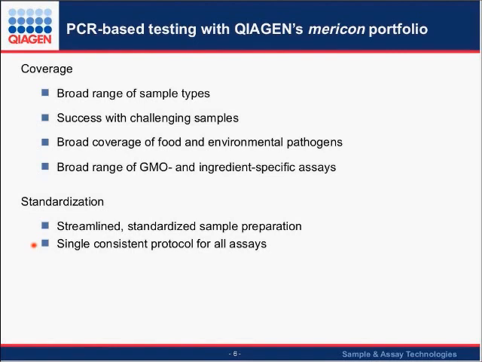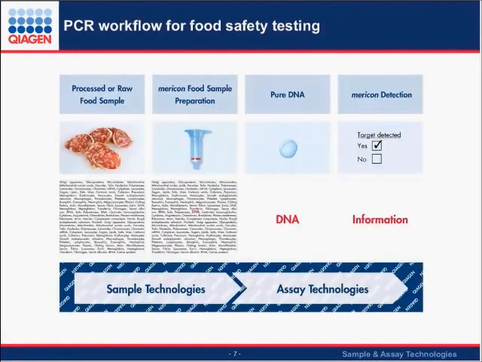So if you are interested in looking at several different pathogens in a single sample type, say Salmonella and E. coli in a single sample, you can do both of those assays in a single run, not in a single well, but in a single run. And that is a huge advantage for the protocols.